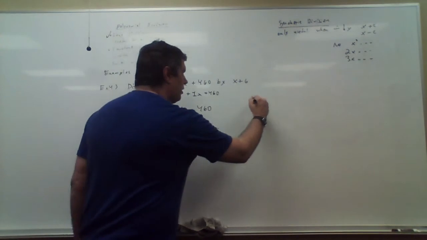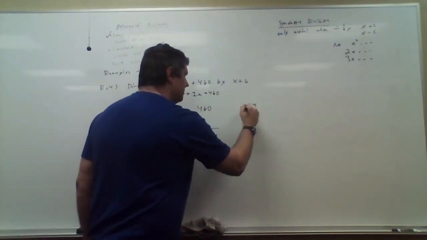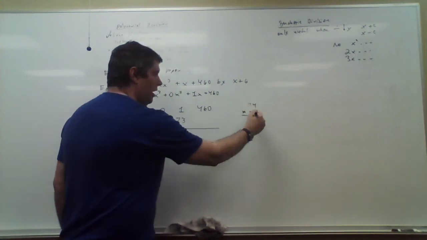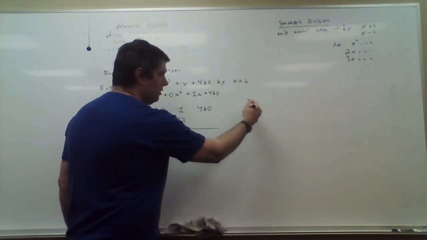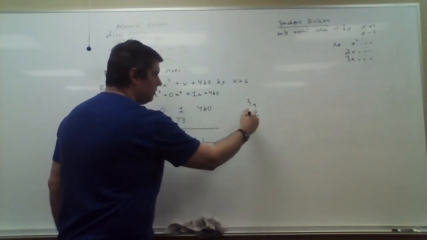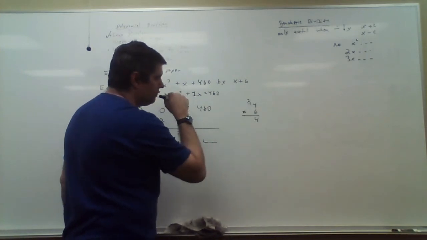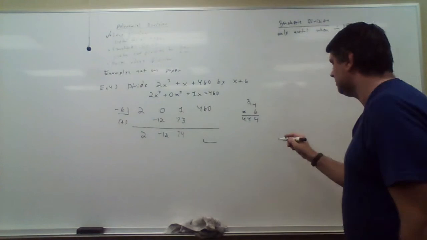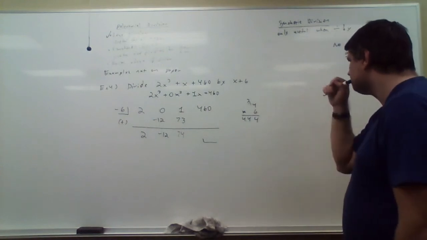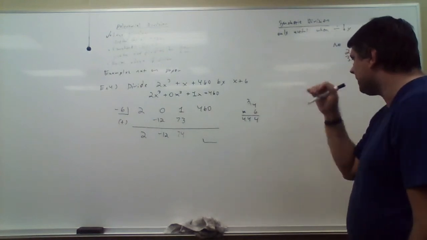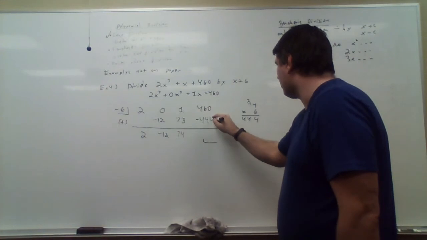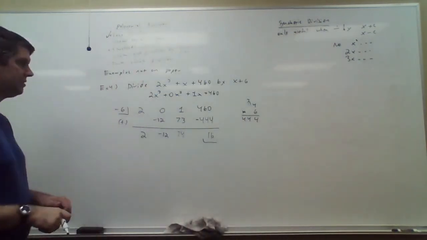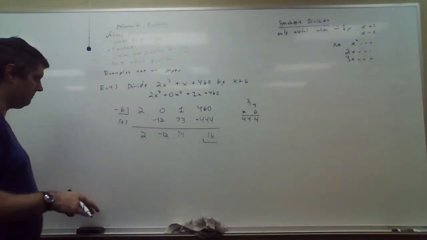And 74 times negative 6, 4, 24. I'll put the minus on. Okay, and then, well, yeah, looks good to me. So minus 444 is 16. All right. I see what happened. I got it ahead of time.